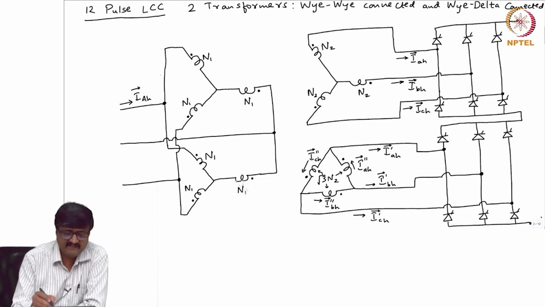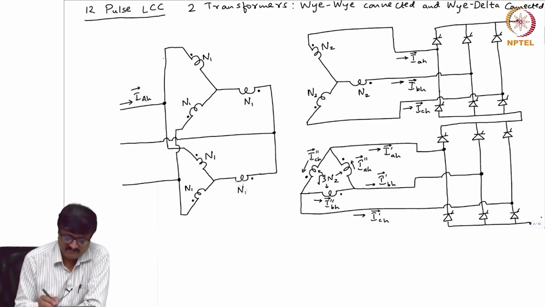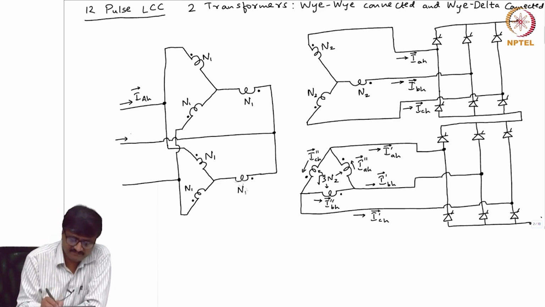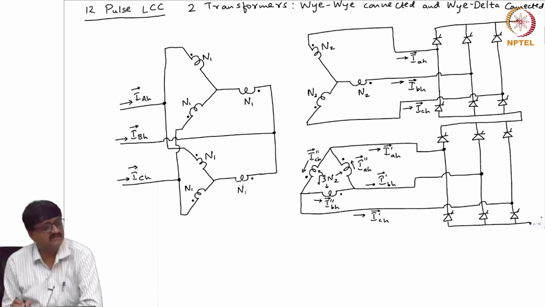So, here the current is entering the dot. It is a primary winding, current is entering the dot. Then the current that is flowing here is B phase, IBH, and this is C phase. So, I use uppercase ABC for the currents here.